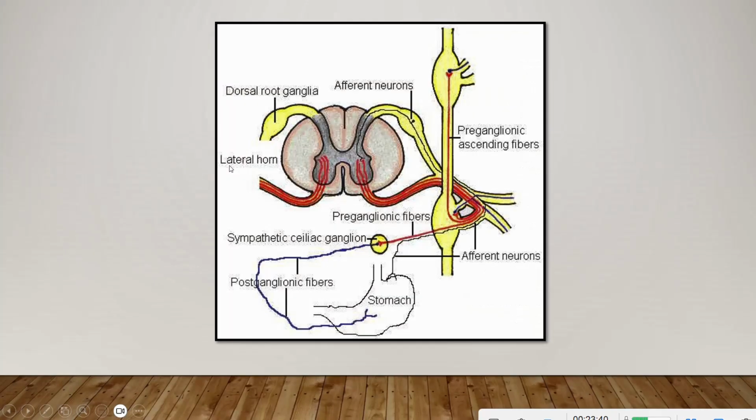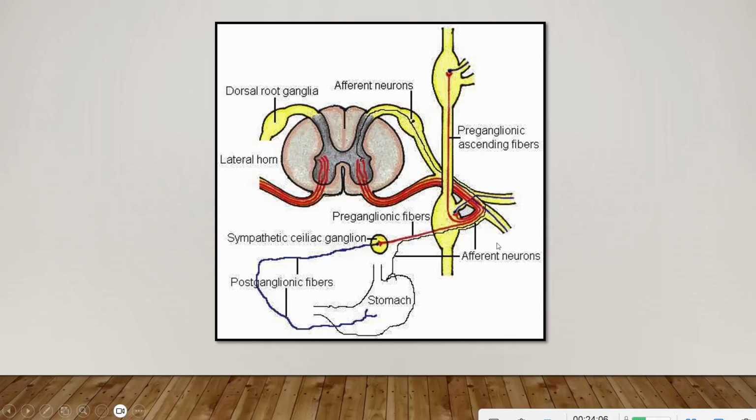I will explain how. Here you can see that in the typical spinal nerve, the preganglionic fibers first pass through the white rami communicantes, and the postganglionic fibers go through the gray rami communicantes.